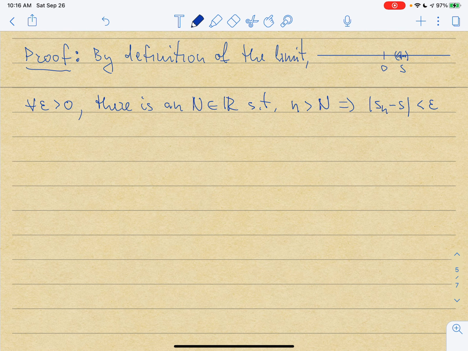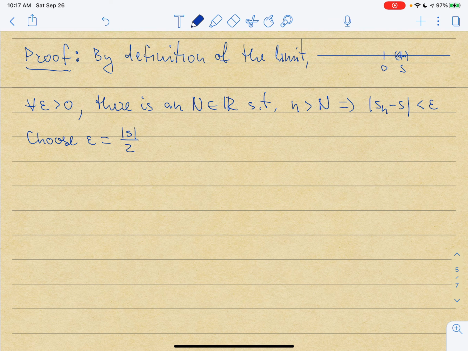So I'm going to choose, again, in line with this picture. If I choose epsilon to be half of the distance between S and 0, then that would ensure that the numbers I'm going to get stay S over 2 away from 0. So let's do this. Choose epsilon equal to absolute value of S divided by 2. In this case, I don't know if S is positive or negative.